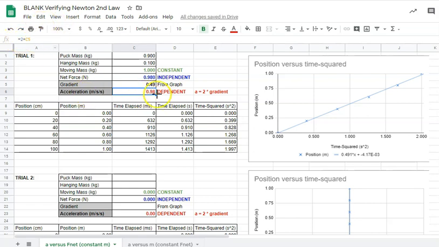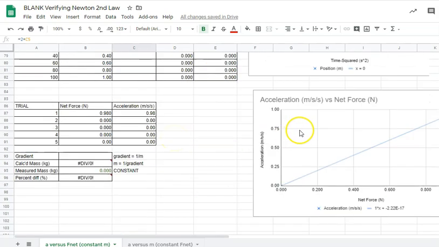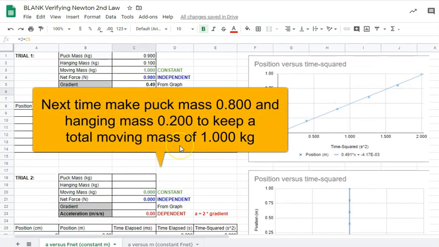It's 2 times the gradient. So we get an acceleration of 0.98. So this data should get recorded down here in this table. That would automatically build that table and plot this graph as you go. Okay, so that's what you need to do there.